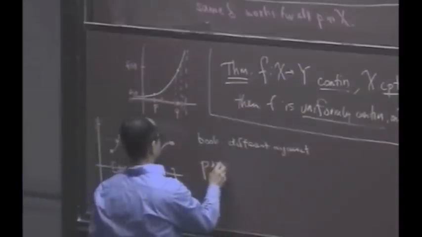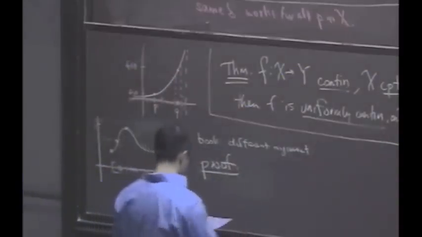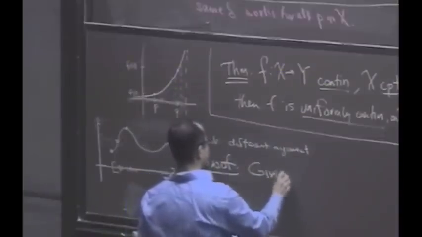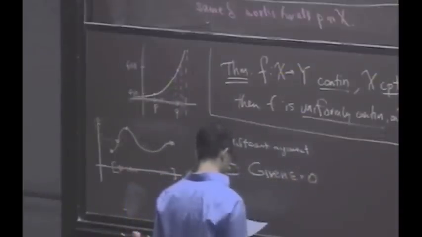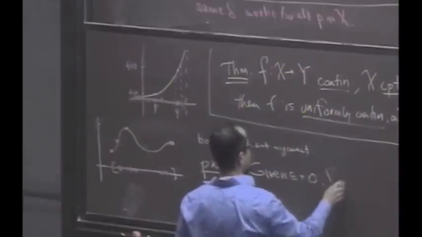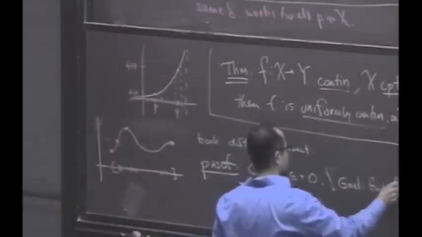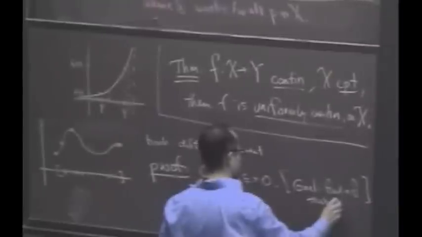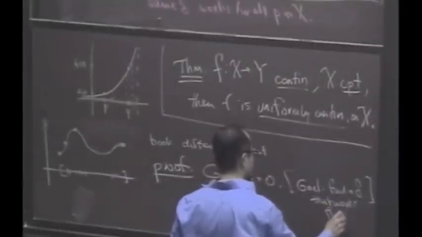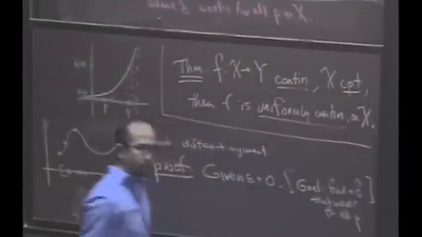So let's suppose we're given an epsilon bigger than 0. And our goal, of course, is to find a delta. And this delta better work for all points p.